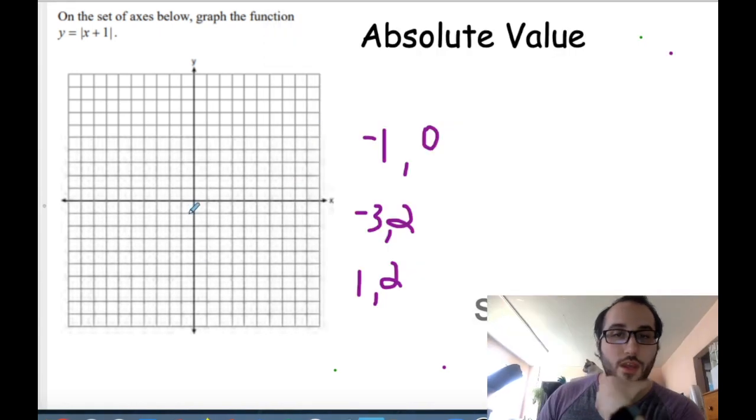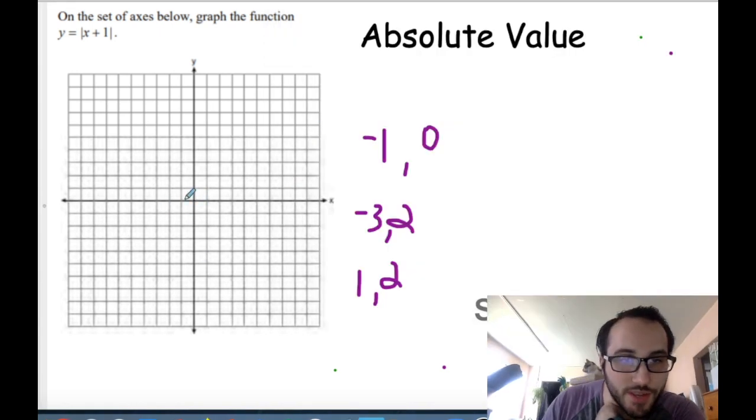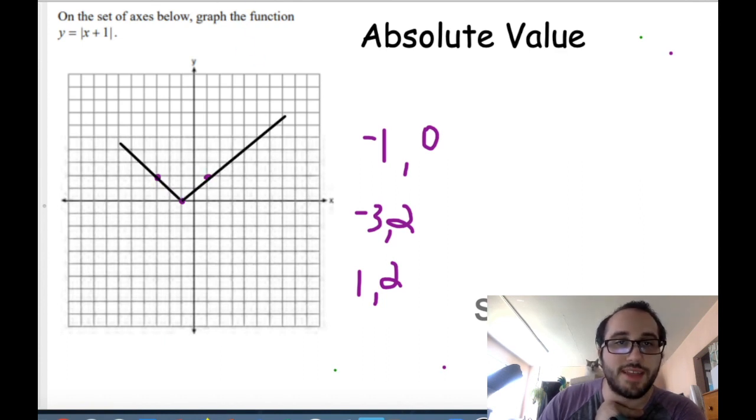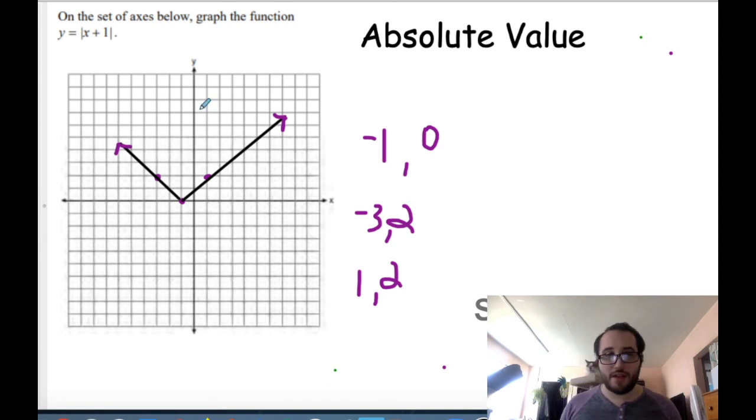Okay, so we got -1, 0, -3, 2, and 1, 2. I'm going to connect. I'm going to put the arrows at the end of my graph because I know it goes on forever in that direction. And there you go. That's how you graph it.